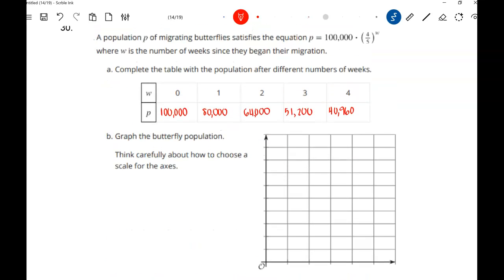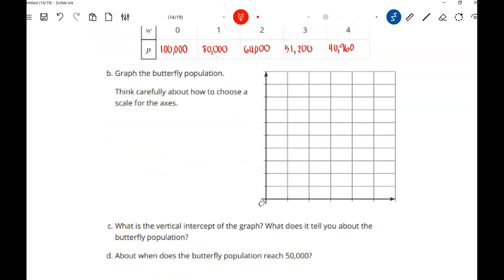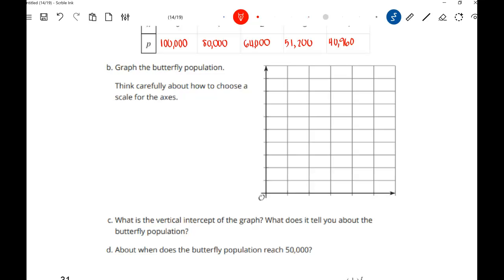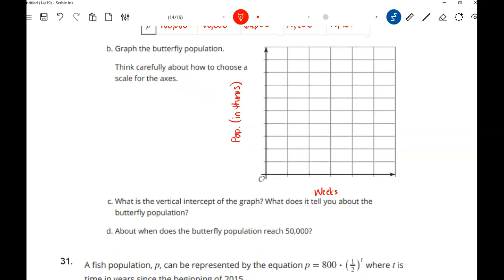Okay. W is the independent variable, so weeks goes across the x-axis, and that means the population goes up the y-axis, and I'm going to put that in thousands. So I'm going to count the weeks by 1.